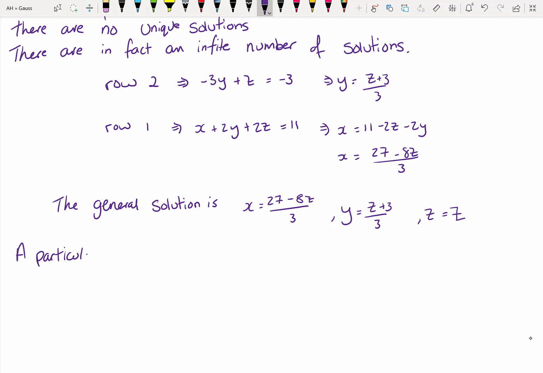A particular solution is found by picking a value for z.